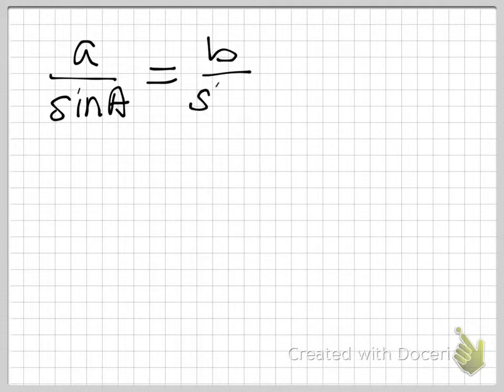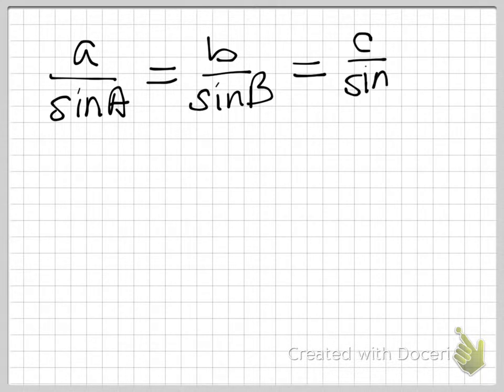Even though in the last screen I showed you that a over sine of A equals b over sine of B and equals c over sine of C, their reciprocals of the entire formula are also all equal to each other.